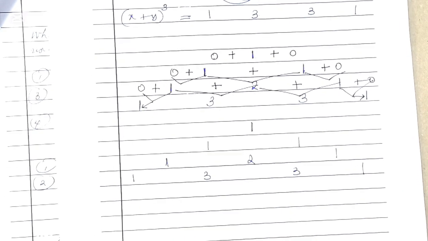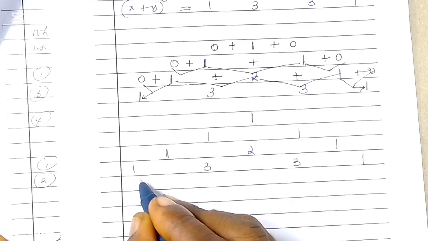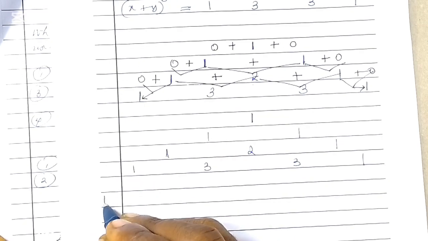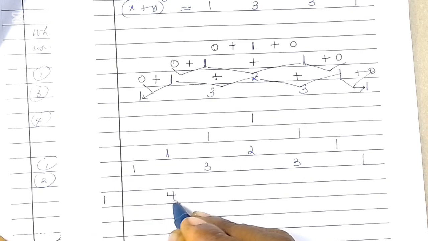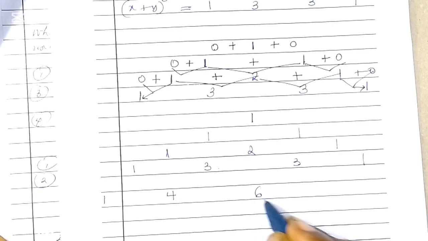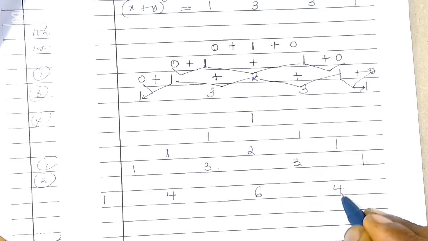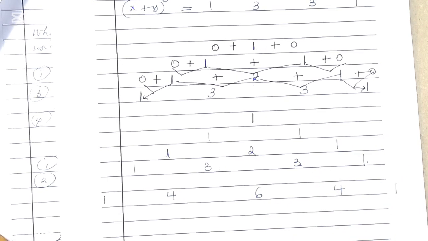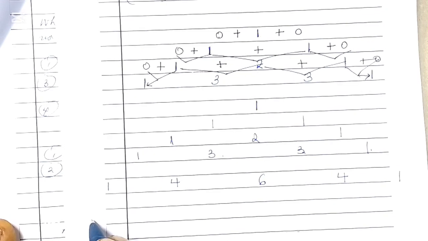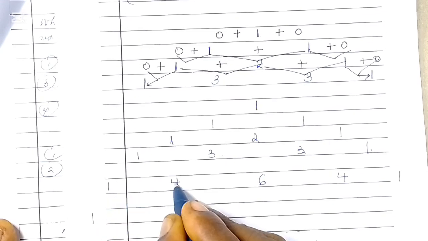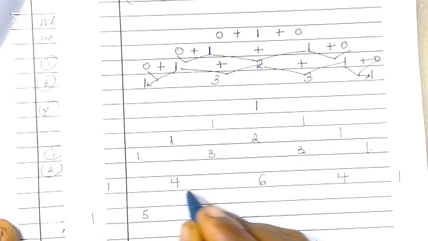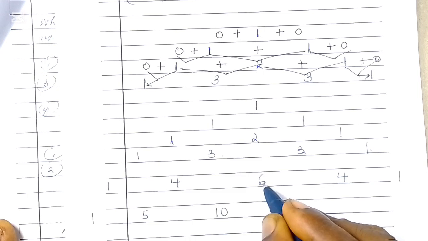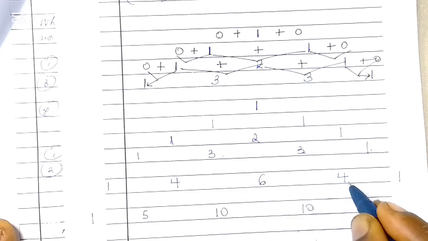And if you are to go on, you would end up having 1, 4, 3 plus 3 is 6, 3 plus 1 is 4, and 1 plus 0 is 1. If you proceed again, you would end up having 1, 1 plus 4 is 5, 4 plus 6 is 10, 6 plus 4 is 10, and 4 plus 1 is 5, and then 1.